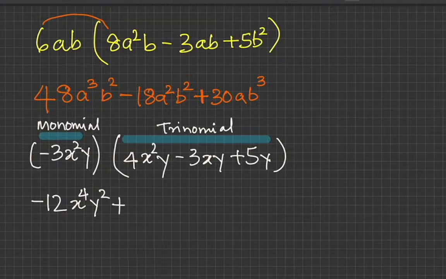So plus 9x cubed y squared. And then I have opposite signs give me negative. So negative 15x squared y squared. So this is again my final answer because I don't have any like terms, right?